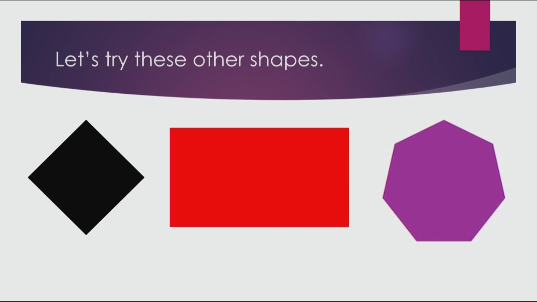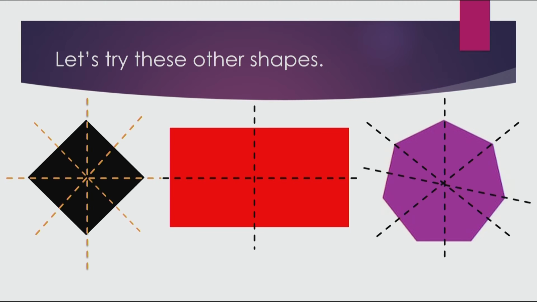Now let's try these other shapes. If we have 3 shapes in front of us, let's try it on our own, and then we'll discuss the answer. Are we ready? So there are the answers.